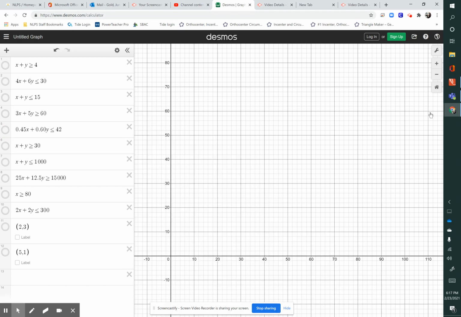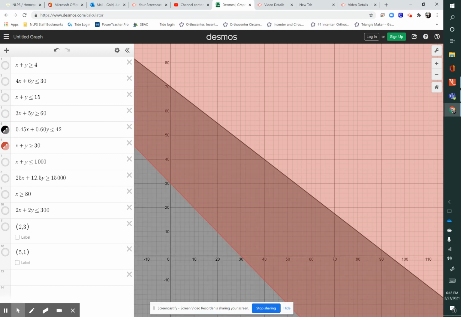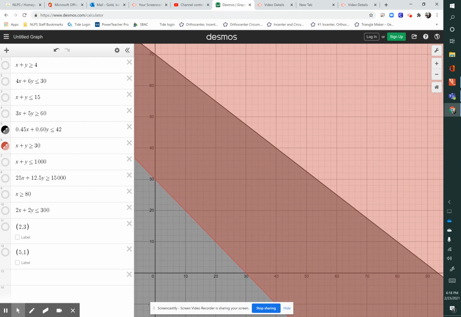Now, we said that x plus y must be greater than or equal to 30 because he wants at least 30 pounds of nails. So that's that inequality. Let's look at the overlap. We have this nice big section of overlap where anything in that darker section would be a solution to the inequality.